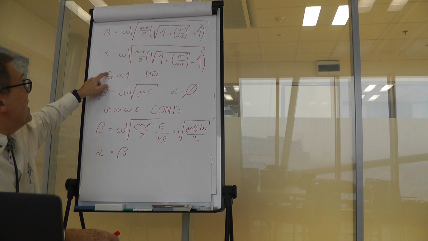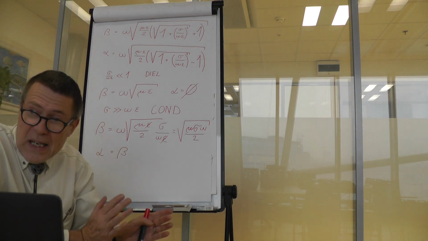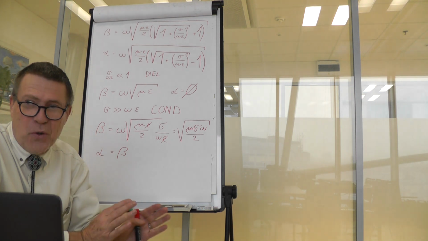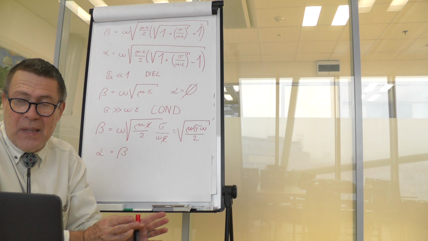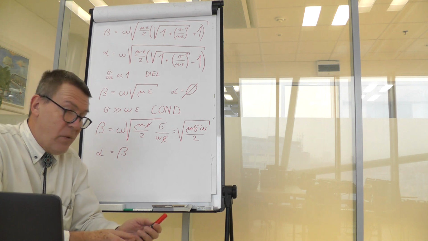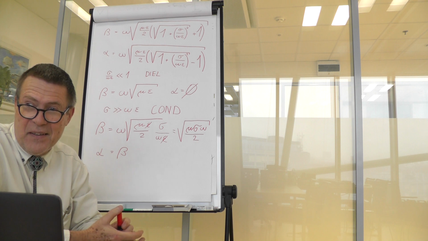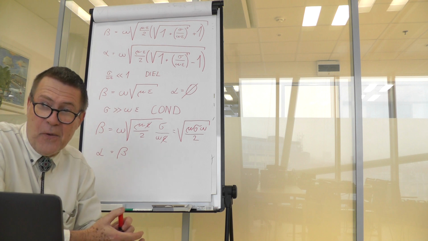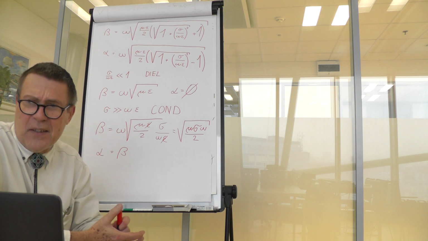So sigma is much less than omega epsilon. But omega has inside 2 pi frequency. And now you can get to a strange result. That is, the same material could behave at some frequencies as a good conductor.